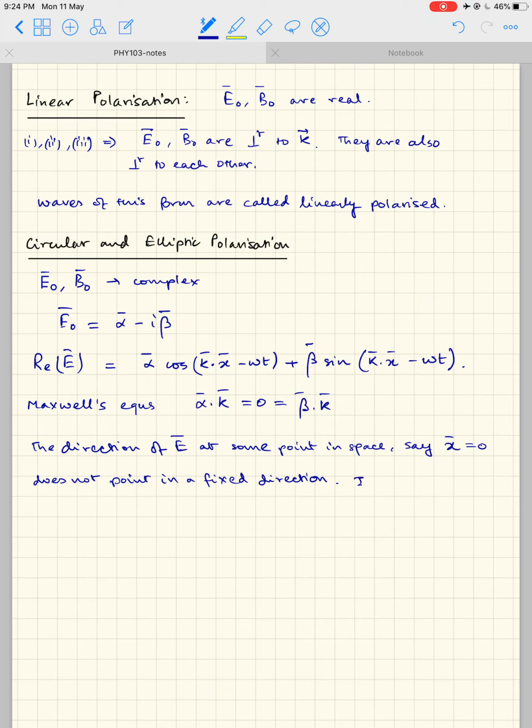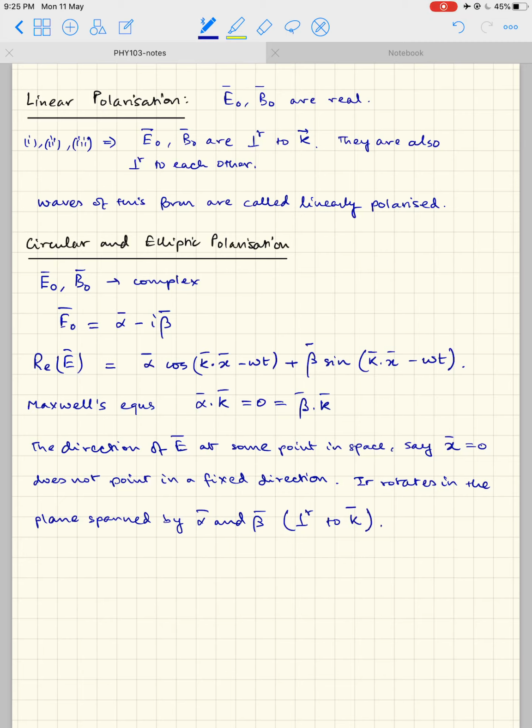It rotates in the plane spanned by alpha and beta, perpendicular to the k vector.